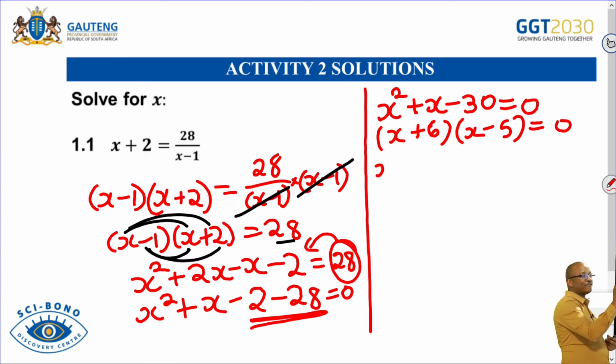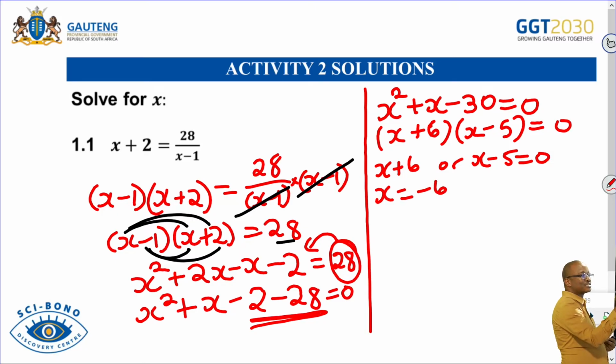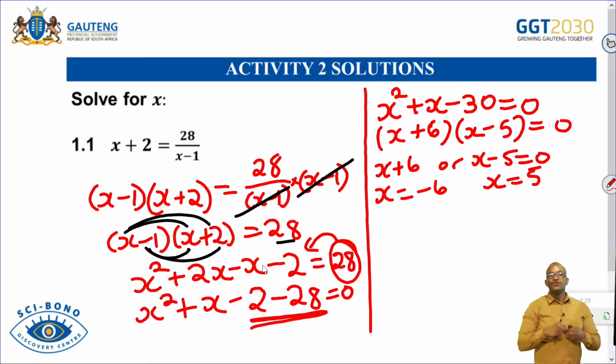Then here you will have x plus 6 or x minus 5 is equal to 0. Then x is going to be negative 6 or x is going to be positive 5. So that's how simple you work these things out. So look at your question and then have a technique of how you are going to answer that type of a question.